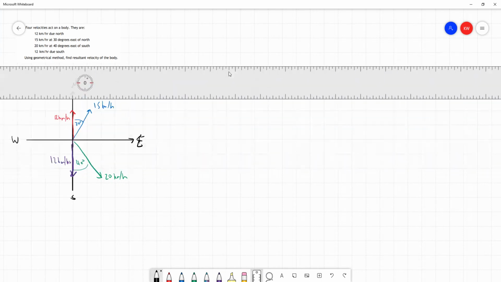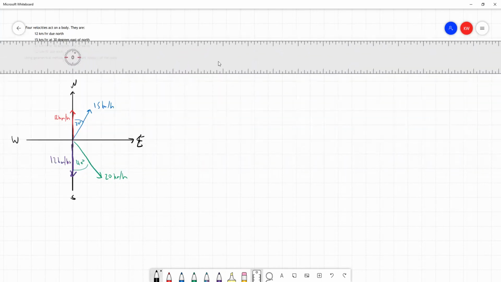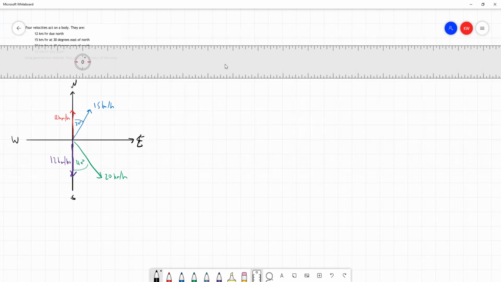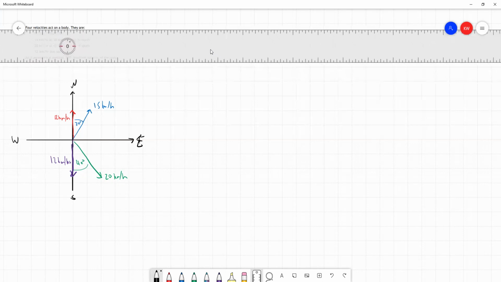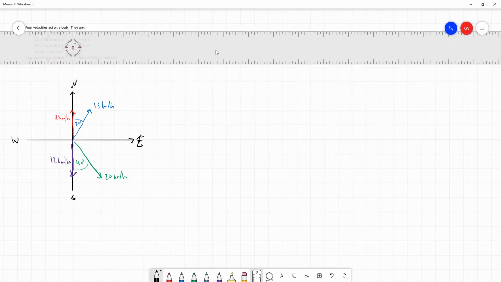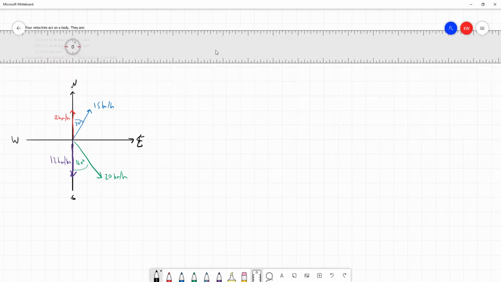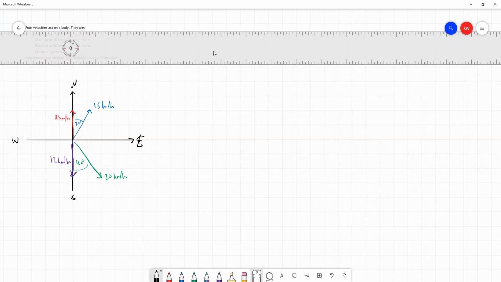And we'll always start our graphical method by setting a scale, because we have to draw these vectors proportionate to how the size in terms of kilometers per hour. So the 12 kilometers per hour vectors should be the same length, although in different directions, and the 15 and 20 should be bigger, proportionate to the size we draw on the paper.